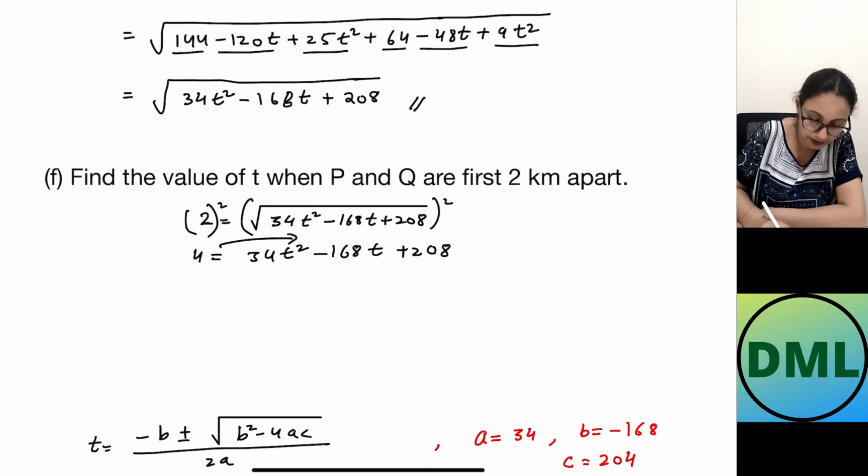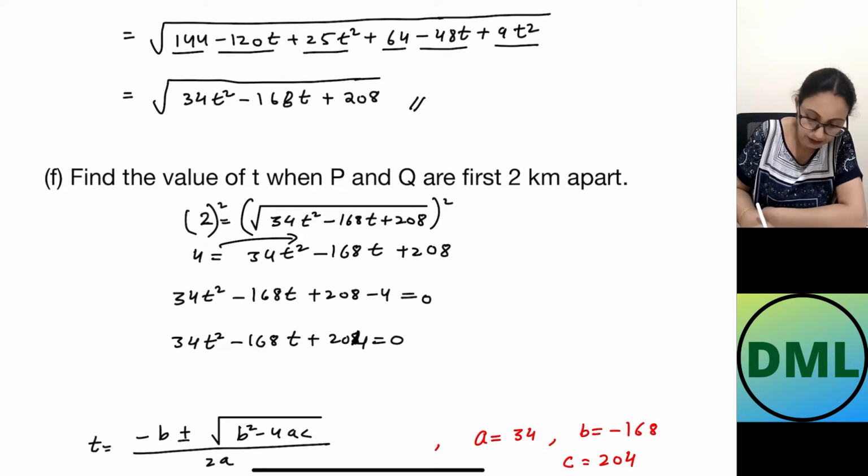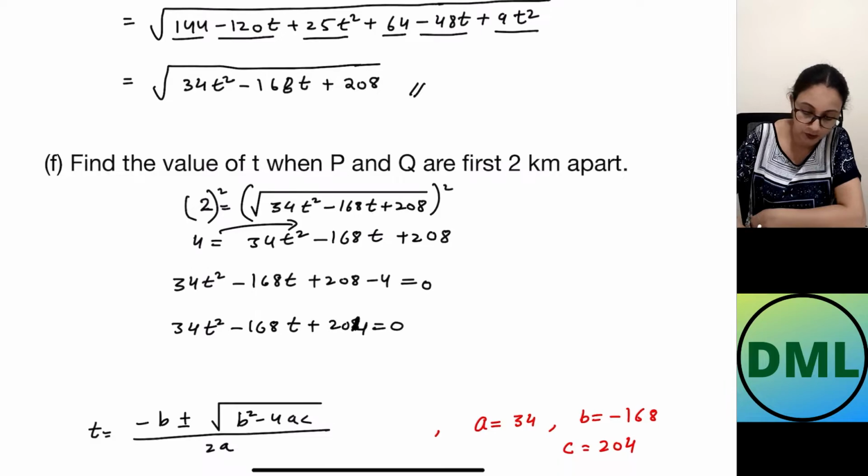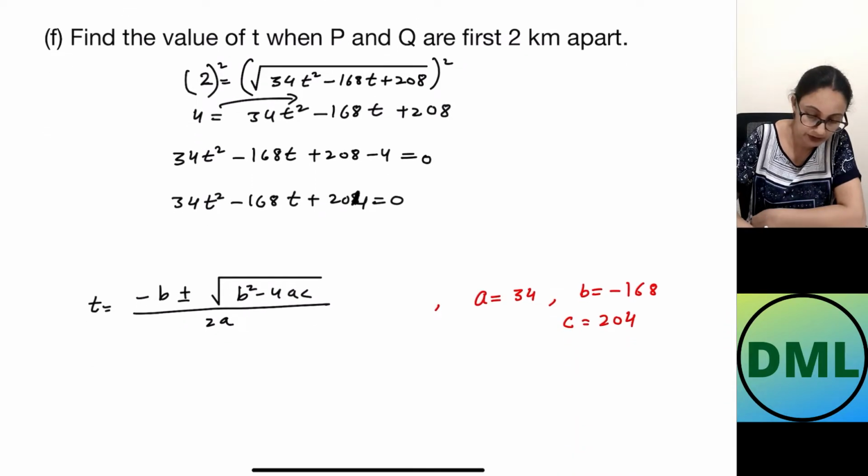Take this 4 on the right hand side. That will be written as 34t² - 168t + 208 - 4 equal to 0. So 34t² - 168t + 204 equals 0. Now I need to apply the formula to solve this quadratic equation. As you know, the formula to solve the quadratic equation is t equals -b ± the root of b² - 4ac over 2a.